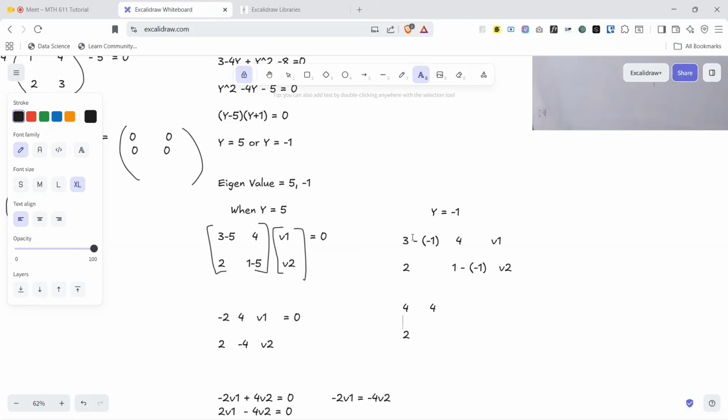Then we have v1, v2. From this, we will now have the equation 4v1 plus 4v2 equals 0. Then the second one, 2v1 plus 2v2 equals 0.